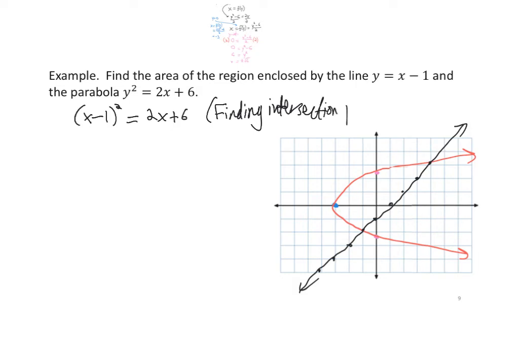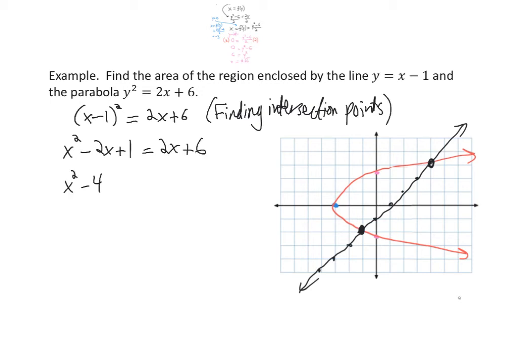It's important to know why we're doing the algebra we're about to do. We're trying to figure out where these points are exactly, because that'll help us know how to set up our integral. Okay. Well, what do we have now? We have x minus 1 quantity squared, which is x squared minus 2x plus 1, and that equals 2x plus 6.